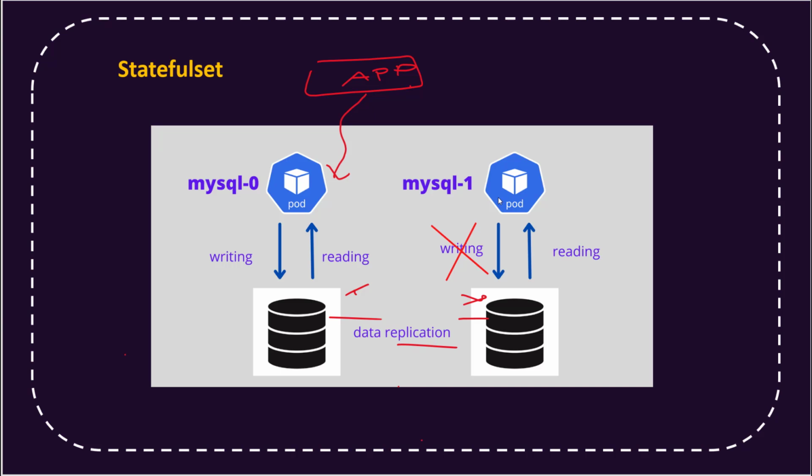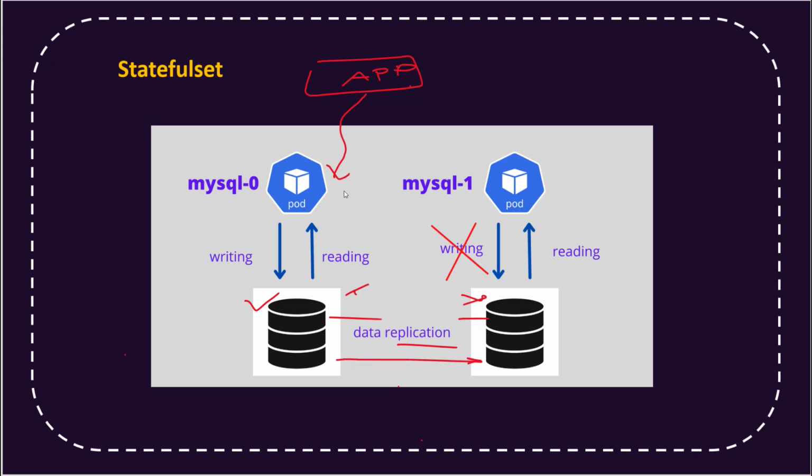If we have two or more replicas of our database here, each time we can only write to one of them. The other replicas sync themselves with the main one. When the data is written here, a copy of it is automatically transferred here.